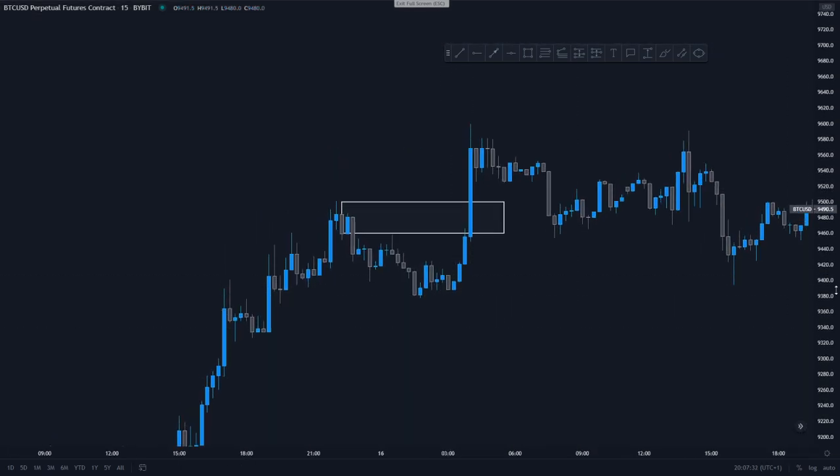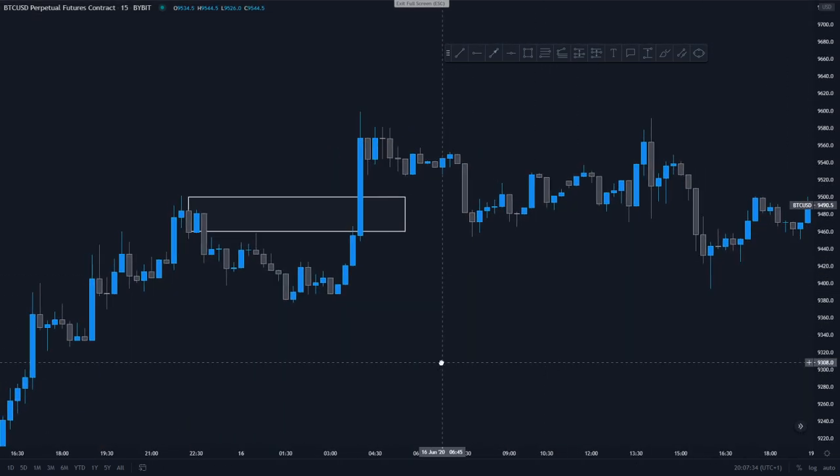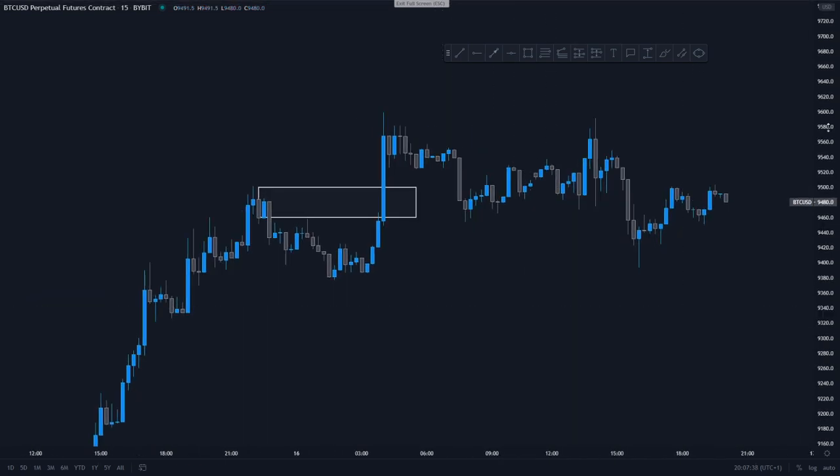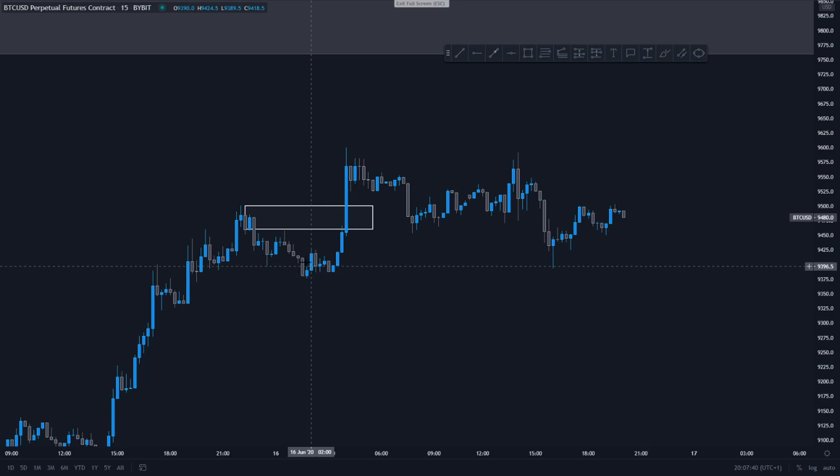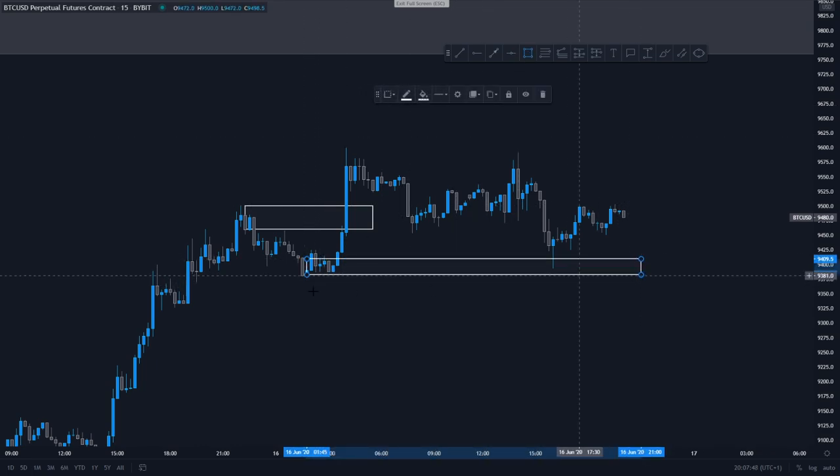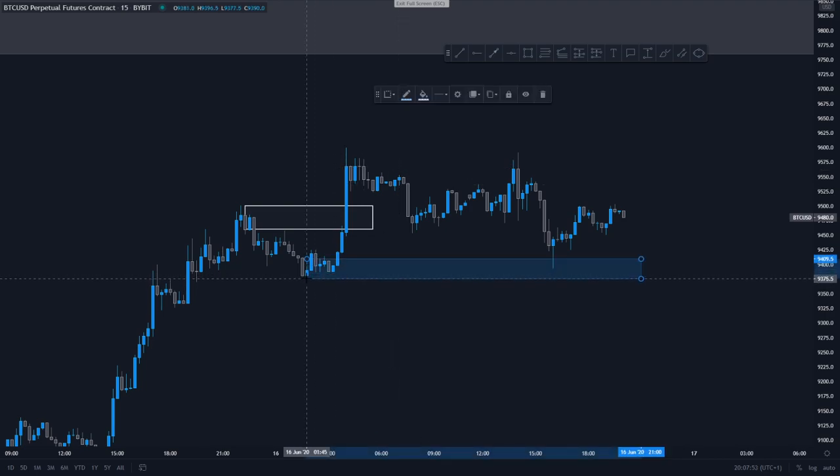Nope, no bullish engulfing. And now I'm going to tell you that you don't always need a bullish engulfing, guys. Okay, you have a pretty clear basing, a base, a demand zone. What you can do is mark that basing zone.